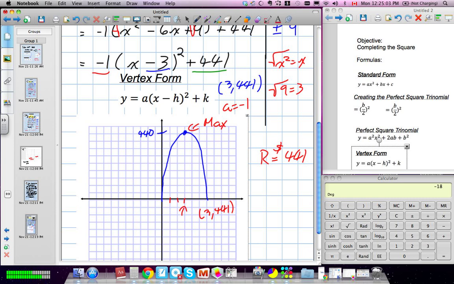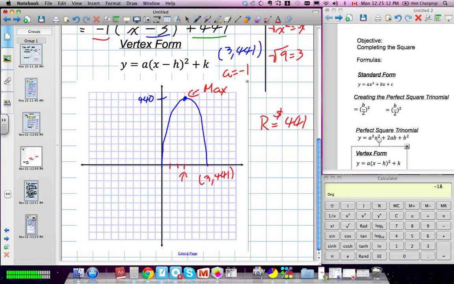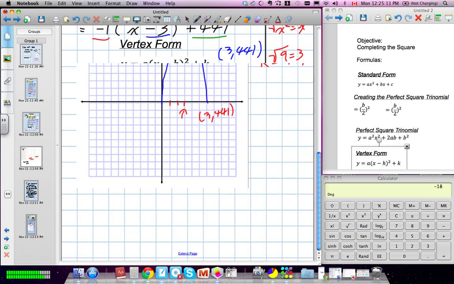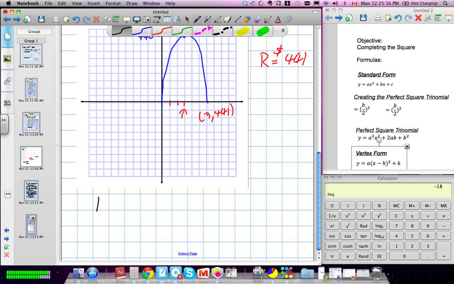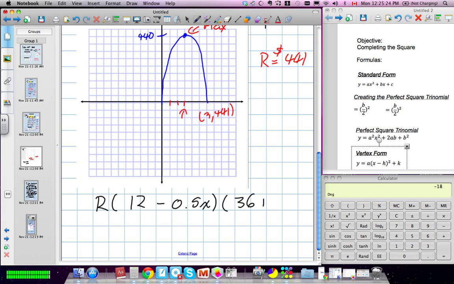So we actually have to figure out what the new price is going to be and how much they're going to sell. This is a way we can check this. We know that from our original formula, revenue was equal to 12, subtract 0.5x, times 36 plus 2x.